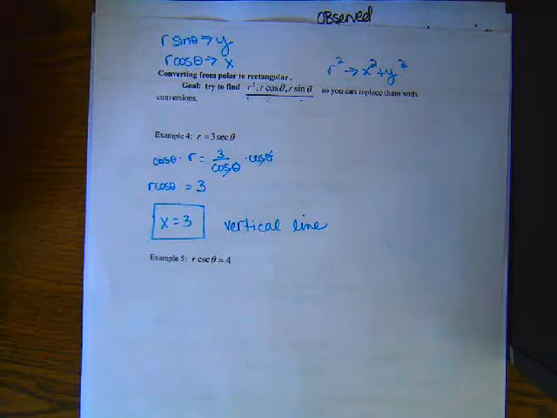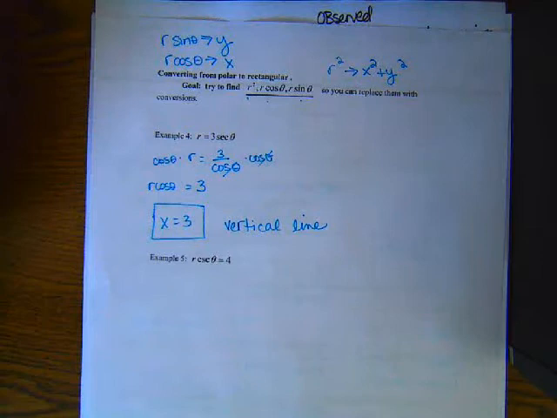So I'm going to try the same thing I did before, where I'm going to rewrite this as r over sine of theta equals 4. At first it looks like, oh, I have an r and a sine, but I don't. This has to be r times sine of theta. So I'm going to multiply both sides by sine. Now I have r equals 4 sine of theta.